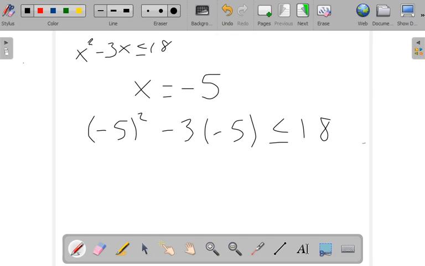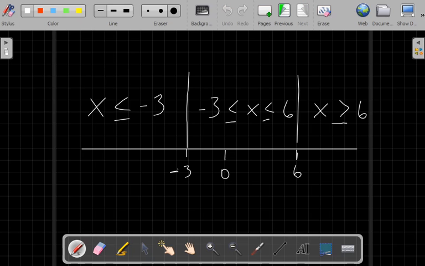If we test this and it makes the statement true, then all the values less than negative 3 would be true. But when we do this, we get 40 is less than or equal to 18, which is not true. Coming back to our number line, that means that all of these values less than negative 3 are not true. So we don't want to shade this part in. And this inequality would not be true. So we can mark that out.